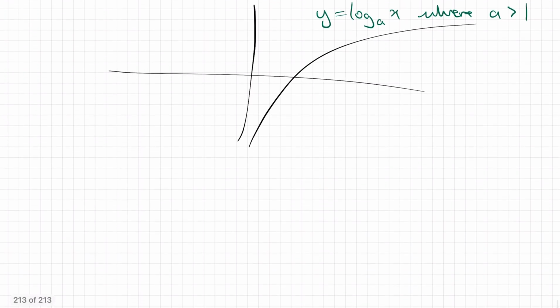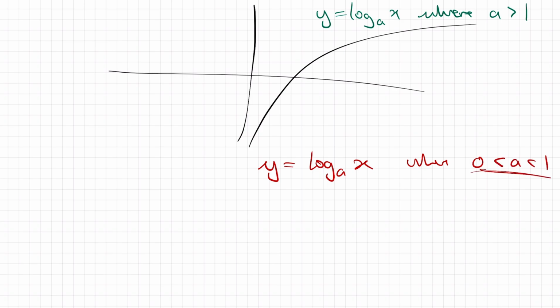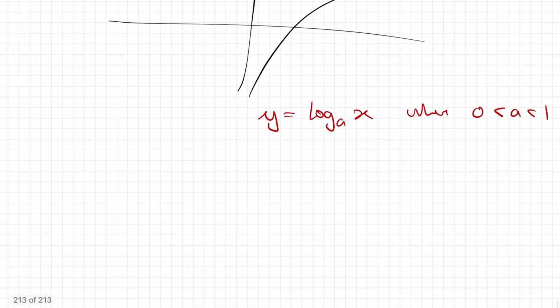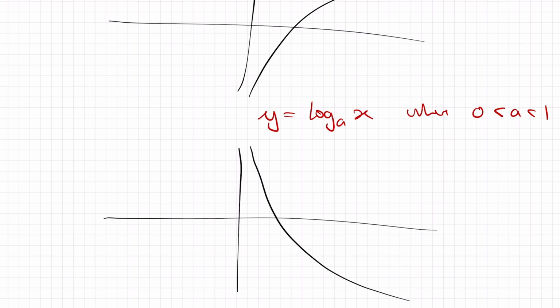But something interesting happens when we choose a log of base less than 1. So if we say log base a of x, where a is less than 1, let's just say between 0 and 1, because we can't have a negative base, then the graph is actually going to look something like this. So it becomes a decreasing graph.